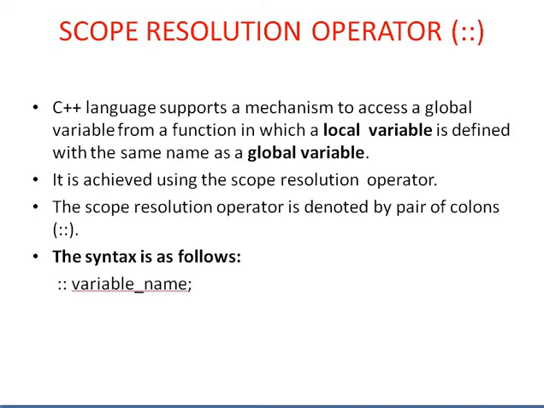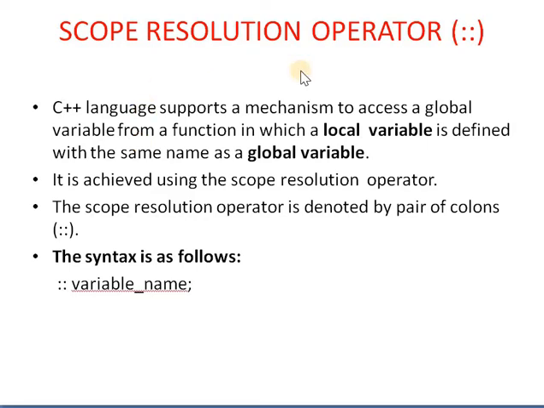Scope resolution operator. C++ language supports a mechanism to access a global variable from a function in which a local variable is defined with the same name as a global variable.